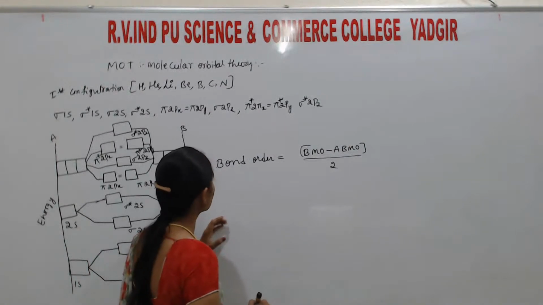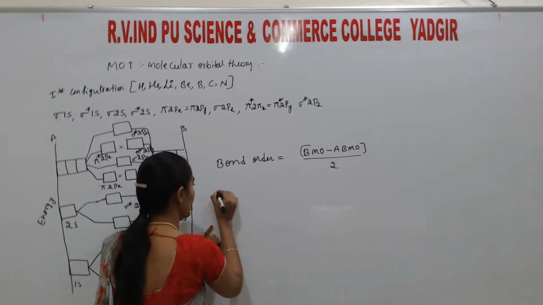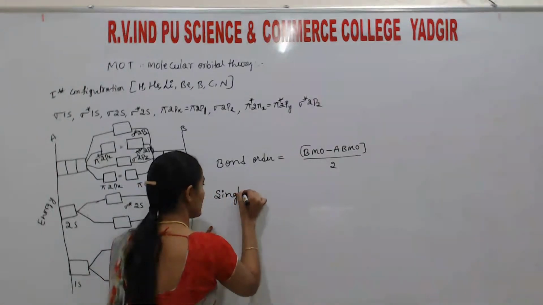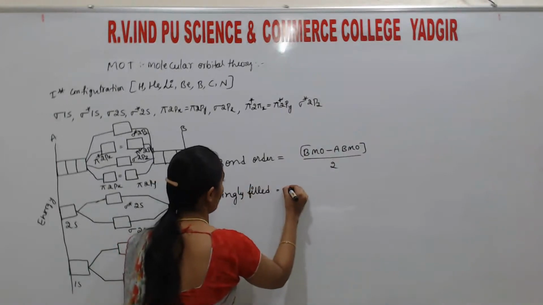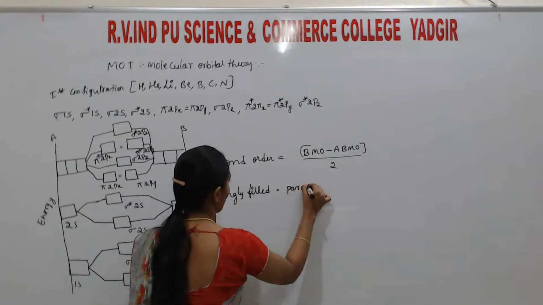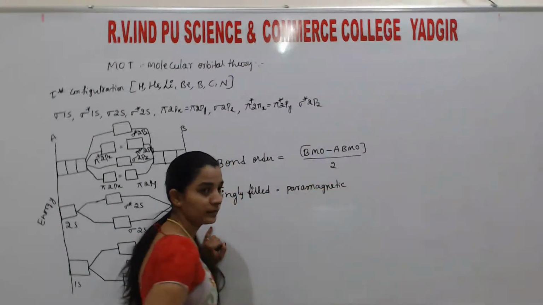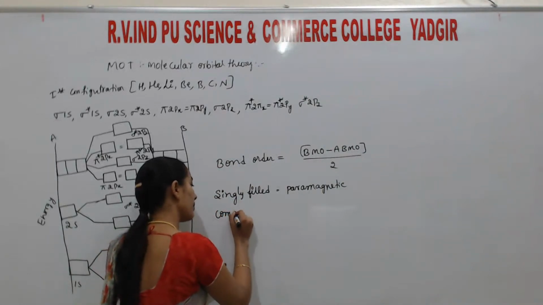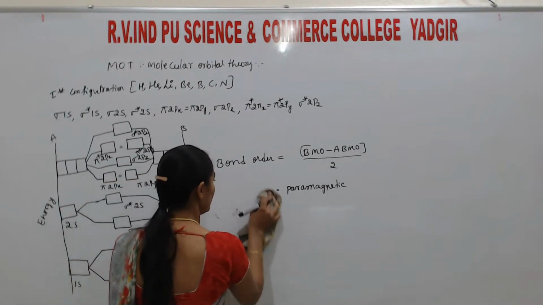Next, another one is whether it is paramagnetic or diamagnetic. If the electrons are singly filled, then it is paramagnetic. If it is completely filled or paired up, then it is diamagnetic.